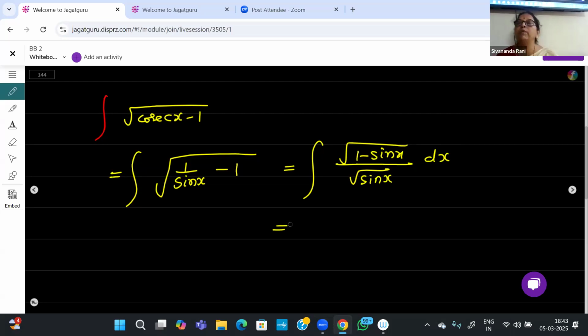What is the best method of doing it? Sine pi by 4 minus x by 2, that formula. Okay. Rationalize. Yeah. I was waiting for this suggestion.